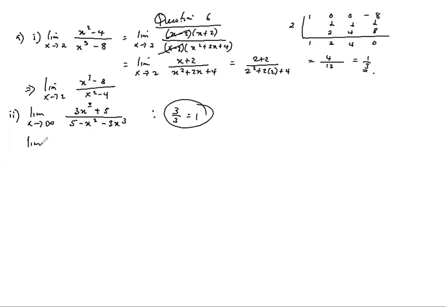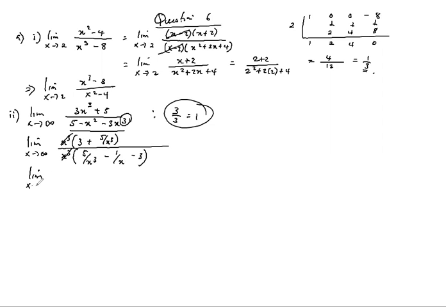So you say the limit as x goes to infinity. In the denominator, I'm looking for the highest power, which is x cubed. So I'll have 5 over x cubed minus 1 over x minus 3. In the numerator, I'm taking the same x cubed and factor it out there. So this and that will cancel.